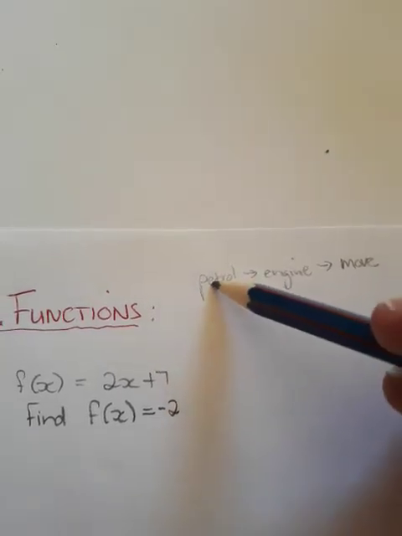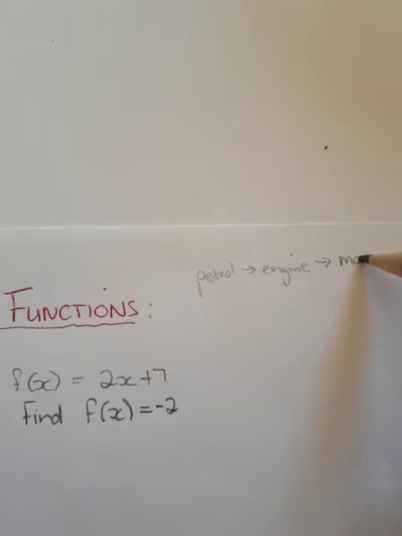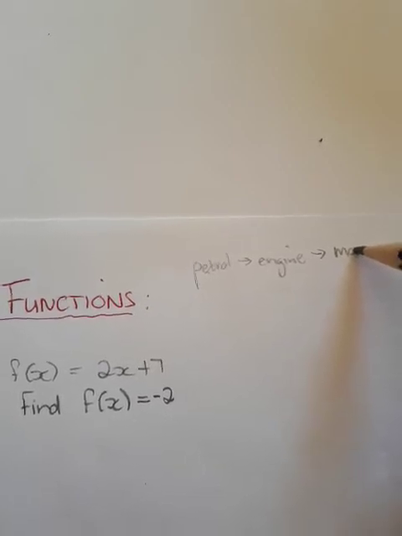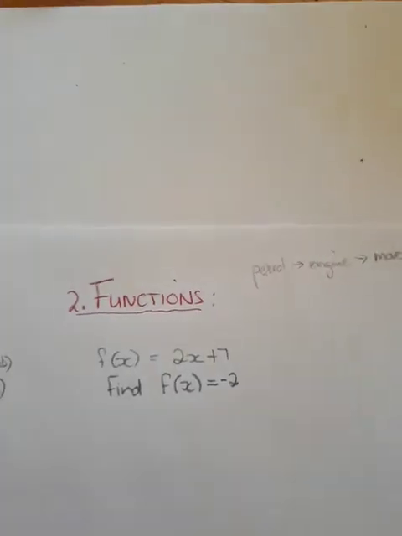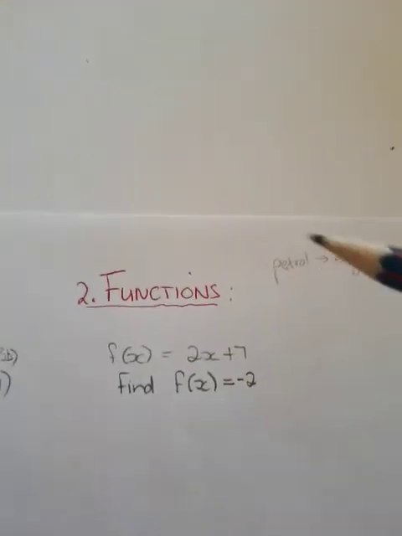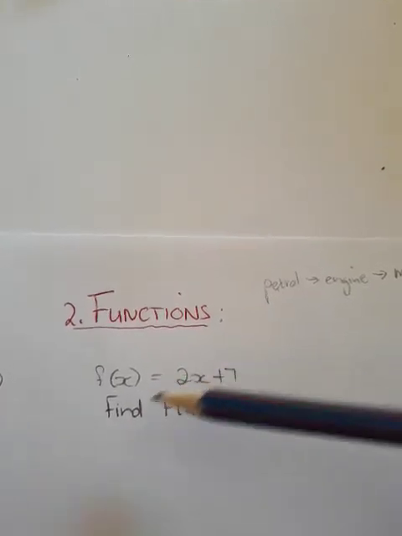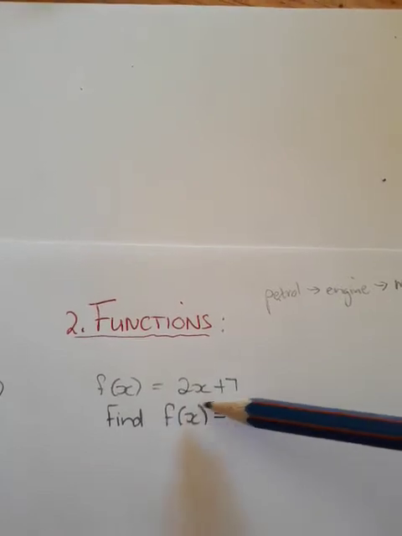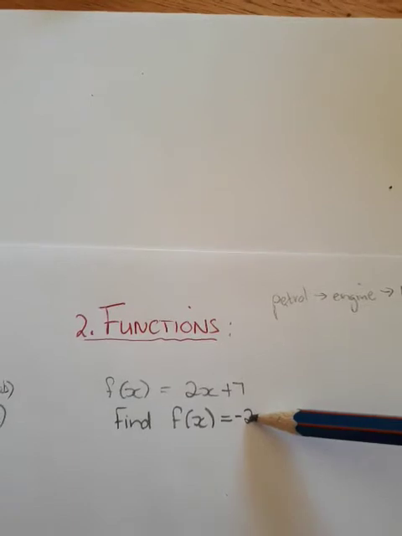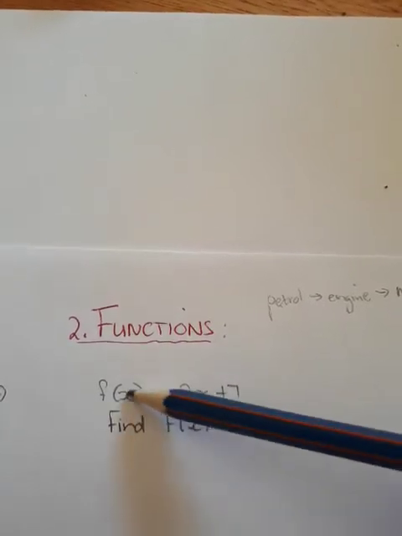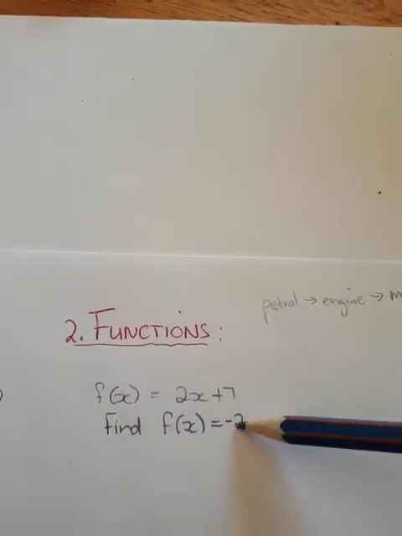So the petrol we call the independent variable, and the output here in this case, which is movement, we call the dependent variable. Right, if you look at this question, they say to you that f of x is 2x plus 7. And you must now find x when f(x) equals negative 2. Now, if you look at this, people, f(x) remains f(x), and that is equal to negative 2.